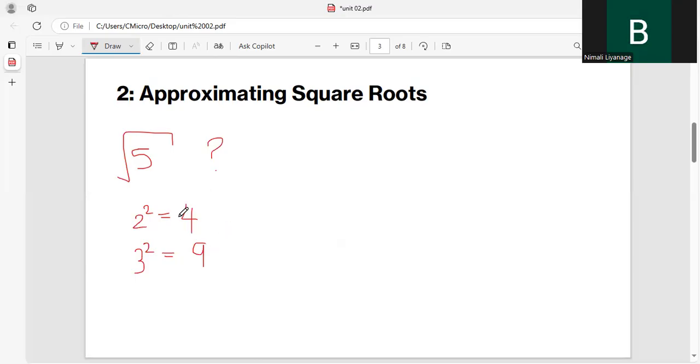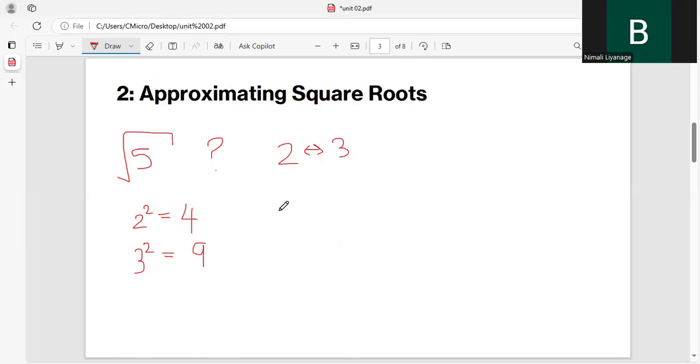So we know the square root of 5 should be between 2 and 3. Okay? 2 and 3. But where exactly is it? Let's check the squares of numbers between 2 and 3. We know the answer must be between 2 and 3, but how do we find the exact number?